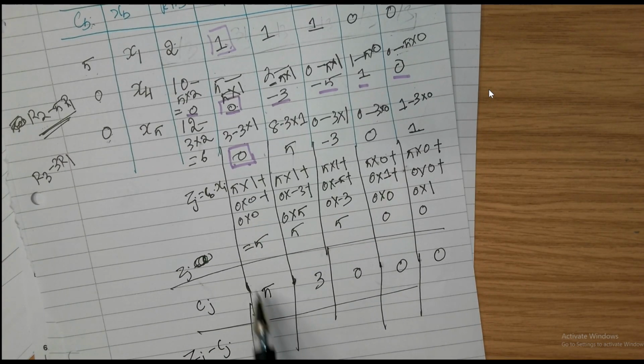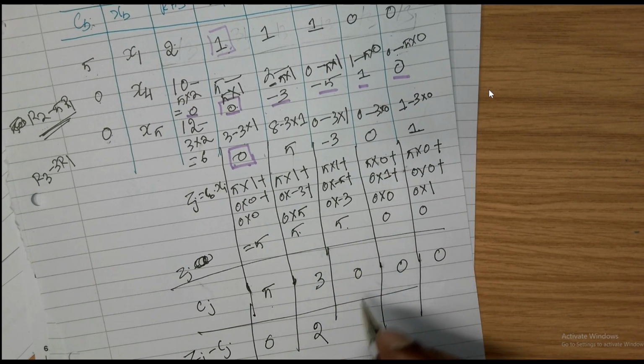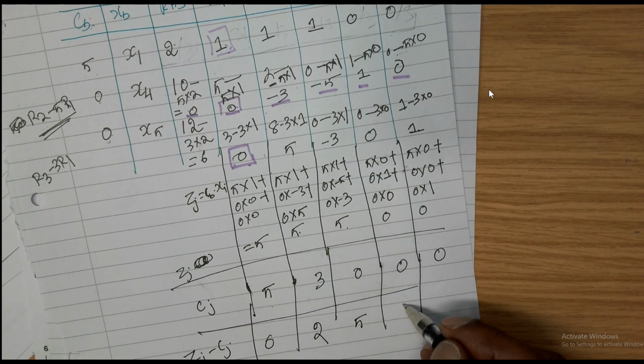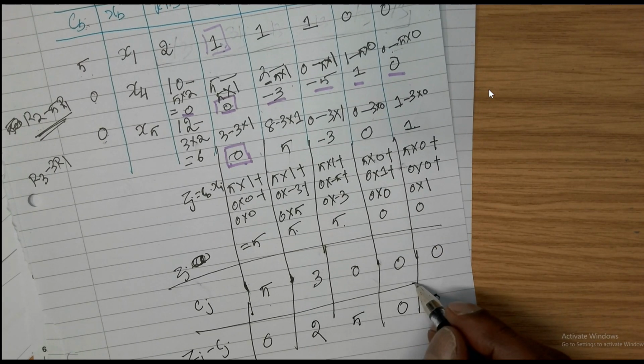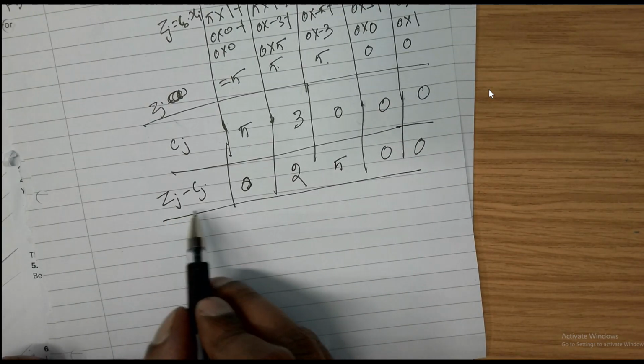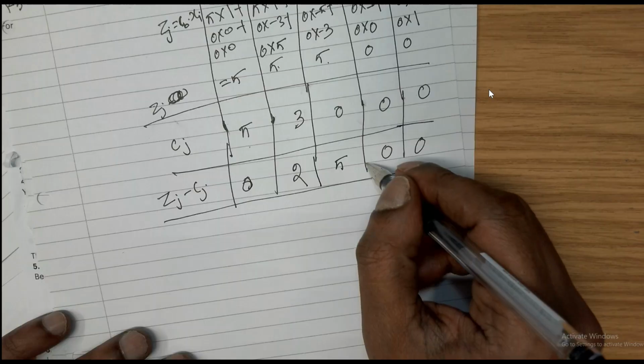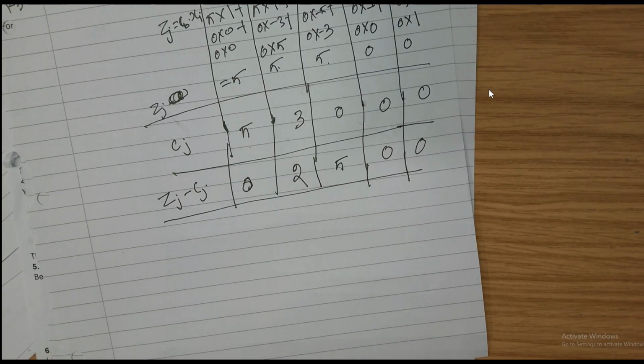So Zj minus Cj: 5 minus 5, 0; 5 minus 3; 5 minus 0, 5; 0 minus 0, 0; 0 minus 0, 0. So this is good news, because everything in this row Zj minus Cj is a positive quantity, isn't it? So this is a must condition.